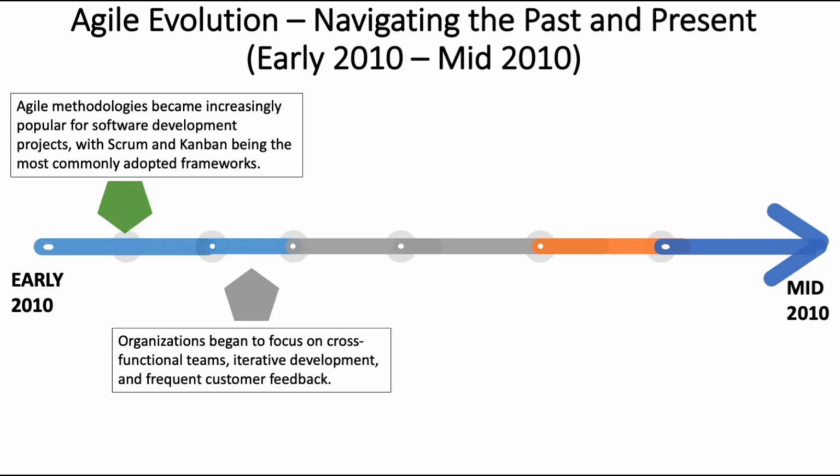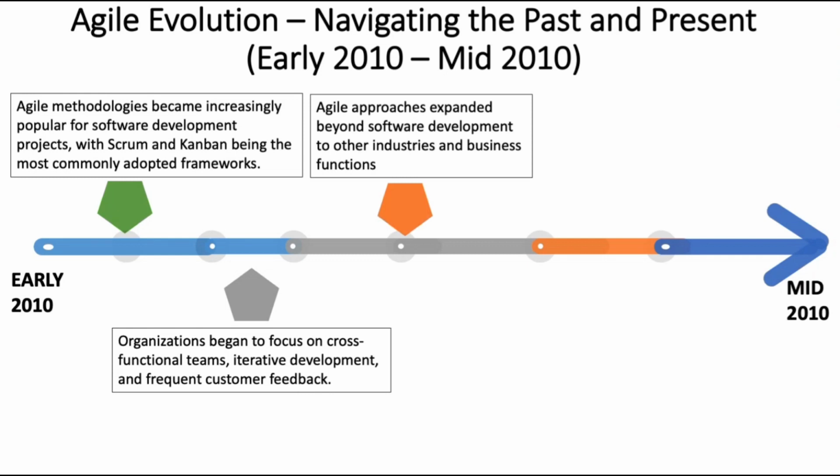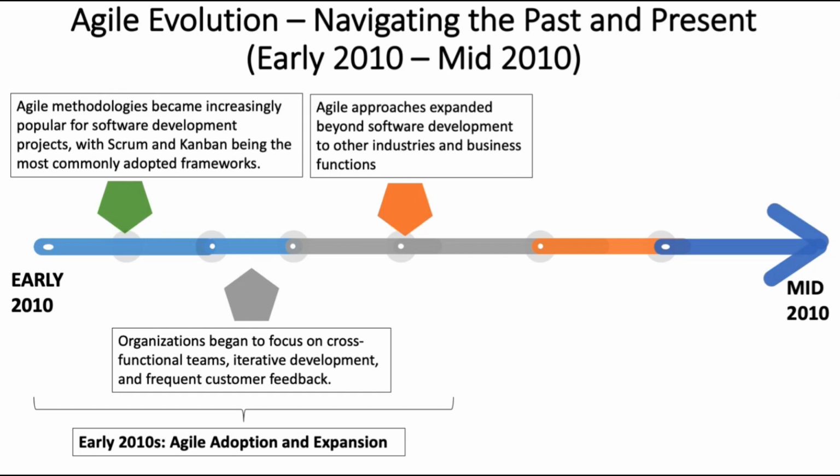People started using it, and later a lot of teams started to use it for functional teams, iterative development, and so on. Then it expanded somewhere in the mid 2010s, possibly around 2015. You notice that other industries, manufacturing, banking, FMCG, started to apply agility as well. This is the early stage of adoption and expansion.